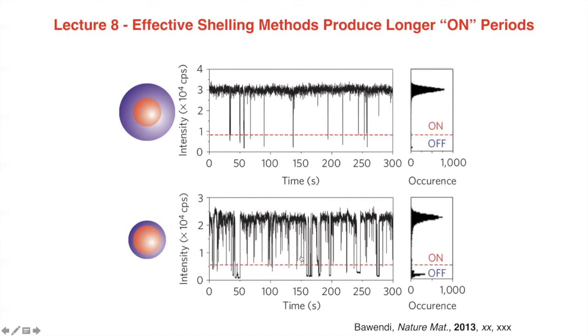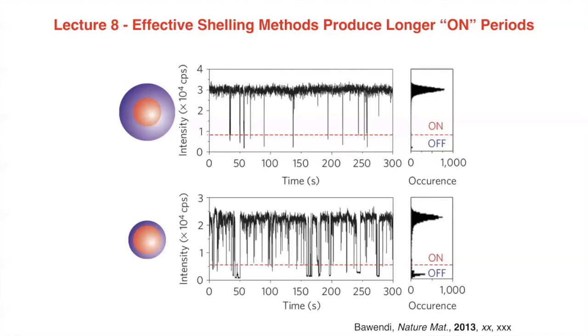Okay, and so these different shell thicknesses are saying something about the rates of Auger recombination from biexcitons and trions in these materials. They're also saying something about the concentration of those. So again, tuning composition changes performance.